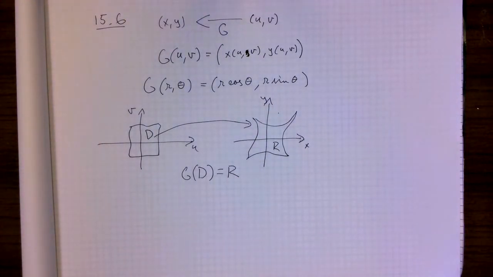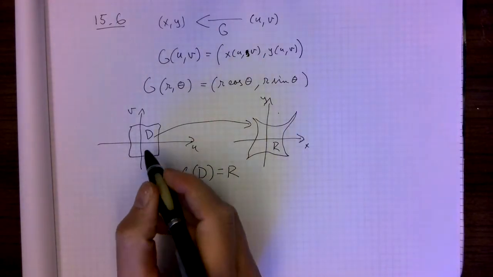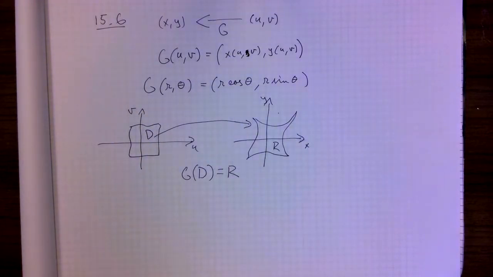You weren't really worried about that in one variable, but that's because it sort of takes care of itself in the integral, and in several variables it's more complicated. You want to worry about this being a so-called one-to-one mapping. That you don't have two points in D going to a single point in R, or at least not too many times. Maybe if it's on the boundary of this region, you don't worry about it too much. But inside, you don't want this to be happening.